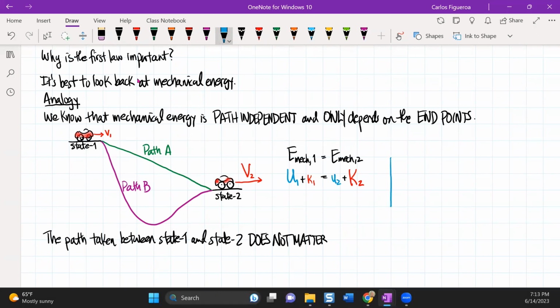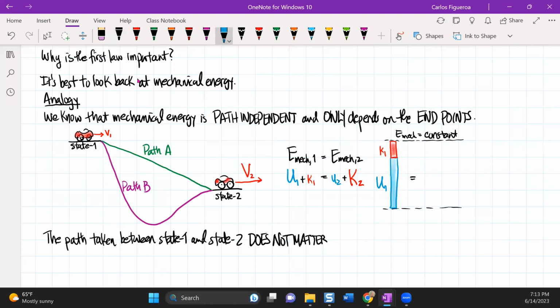So if I have this amount of, let's say, gravitational potential energy, and I have this amount of kinetic energy, what we know is that as you move through the system, the energies have to adjust or rearrange themselves to keep what? E mechanical equal to a constant.